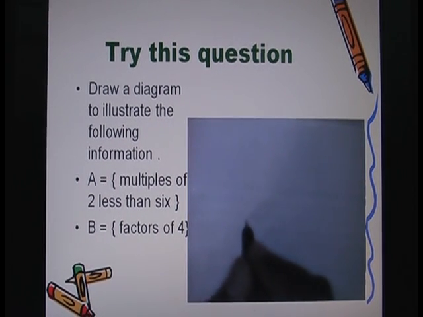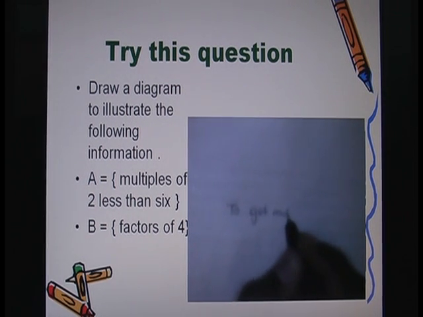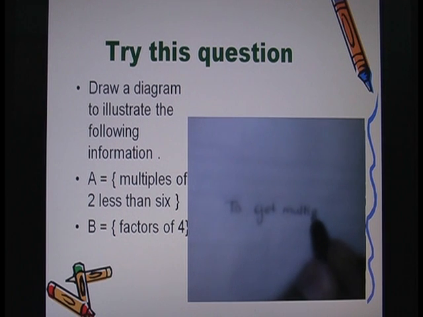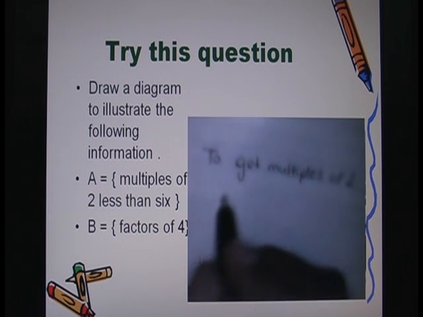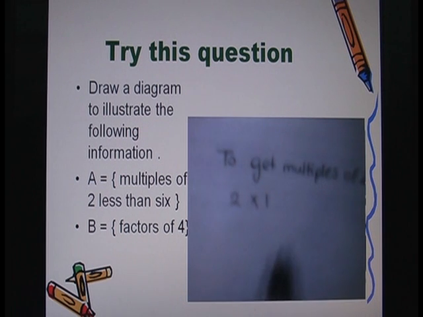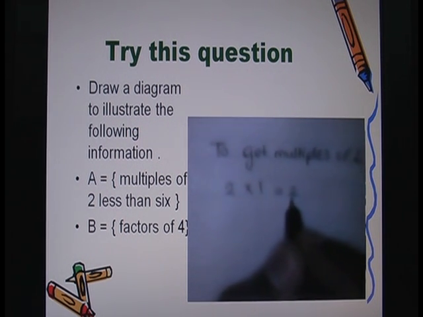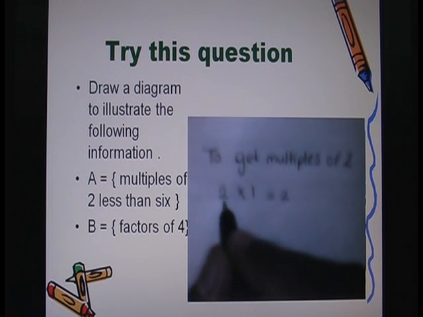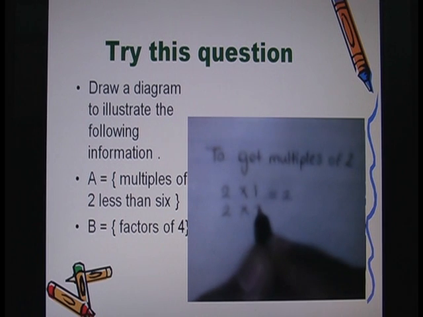To get multiples of 2, this is what we do. Now 2 must be multiplied by any number. So 2 times 1 is 2. So this 2 now is a multiple of the 2 here. To find another multiple, we multiply the 2 again by another number. Let's use 2.